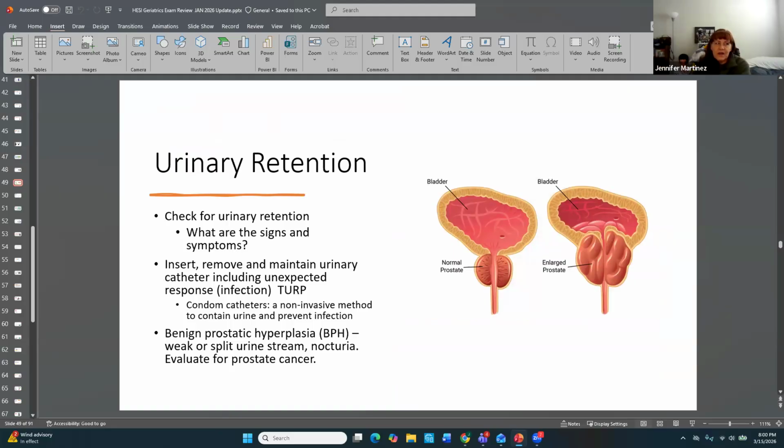Urinary retention. So some of the signs of urinary retention, some of the causes of urinary retention. So it could be because of neurological, spinal cord injury. In gentlemen and guys, it could be the result of an enlarged prostate.